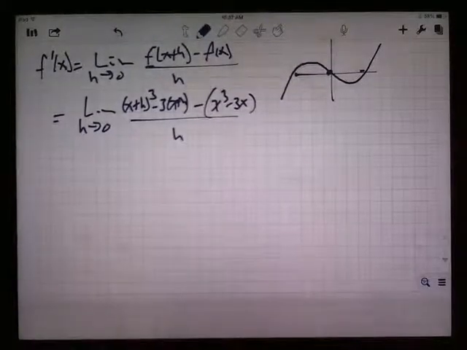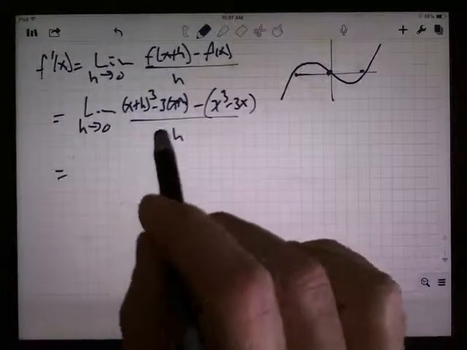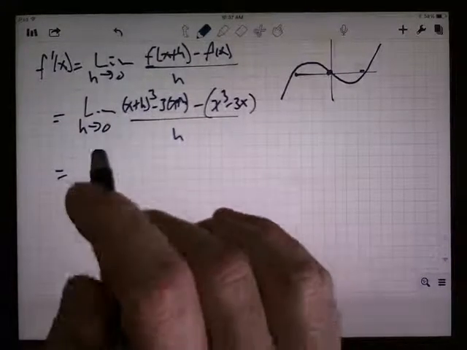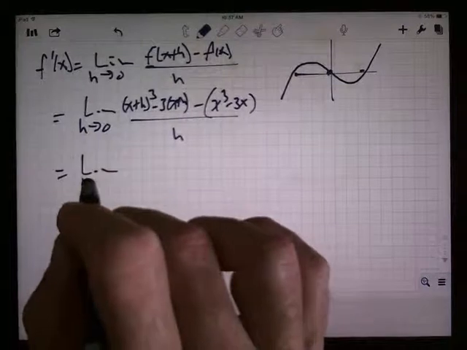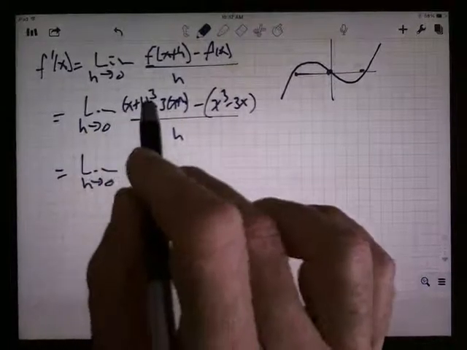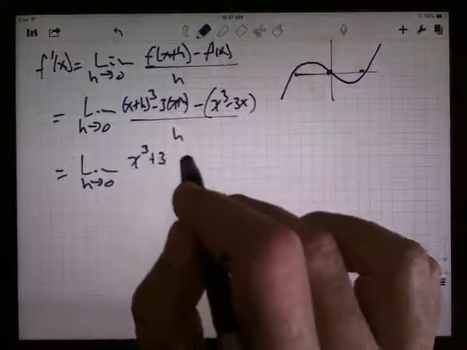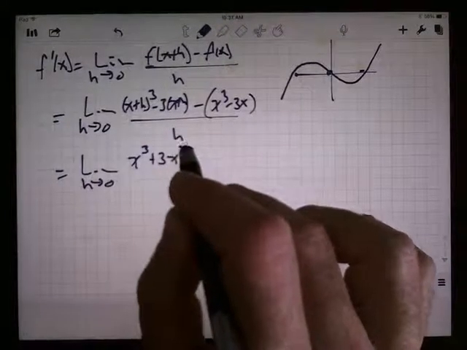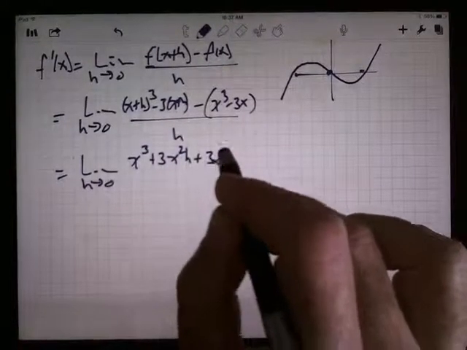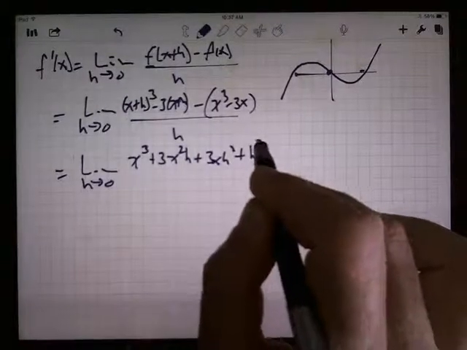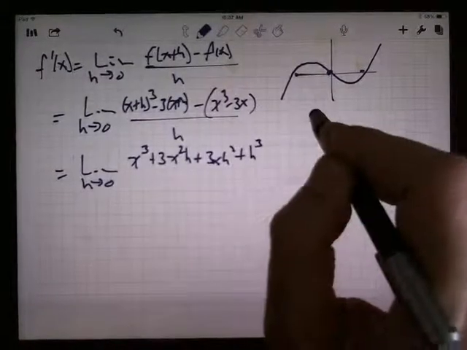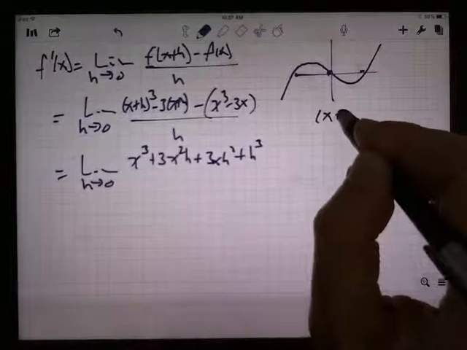Now, I've got to try to simplify that. I think what I'm going to do is multiply this all out. I've got the limit as h goes to 0. The x plus h cubed is x cubed plus 3x squared h plus 3x h squared plus h cubed. How did I get that? I've done some work on the side here.